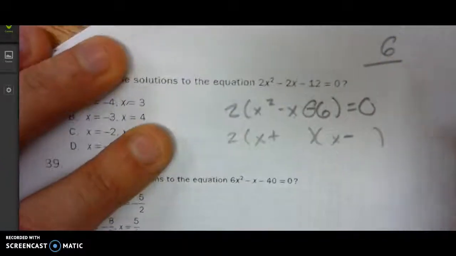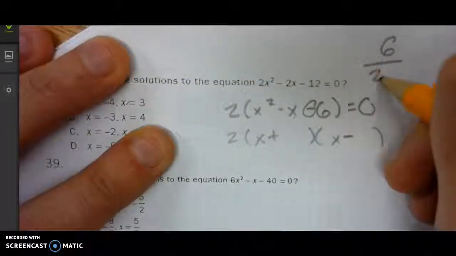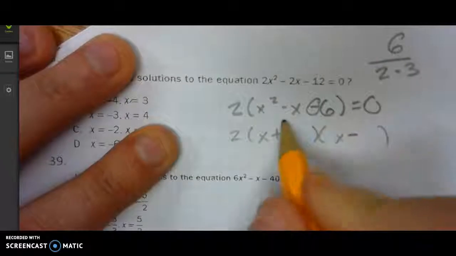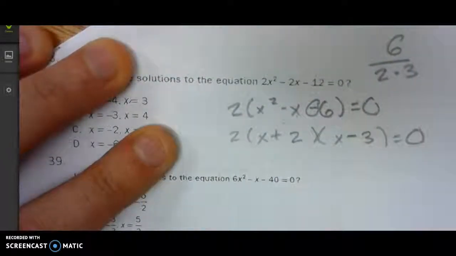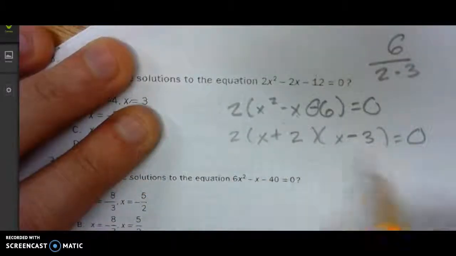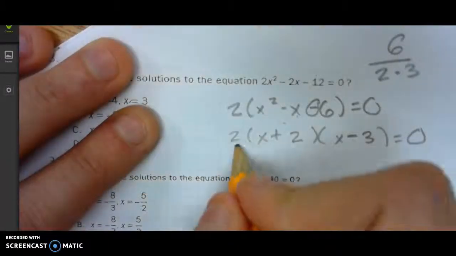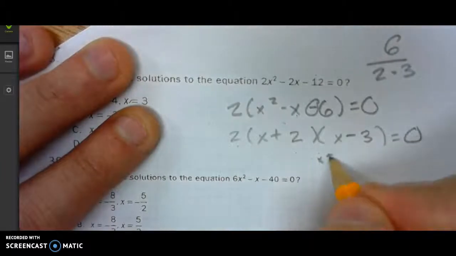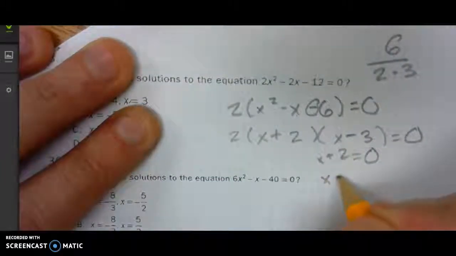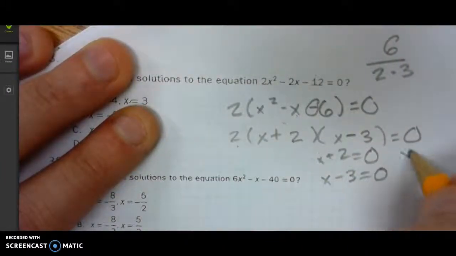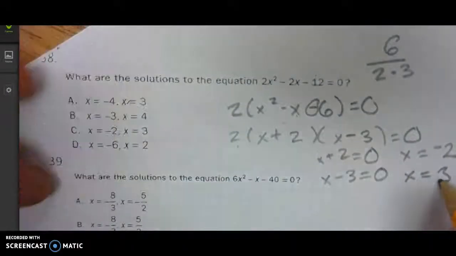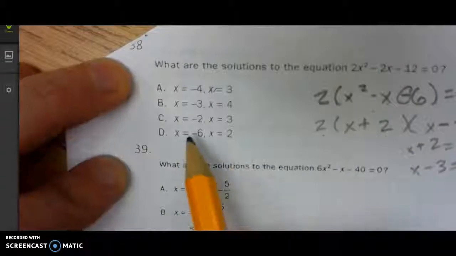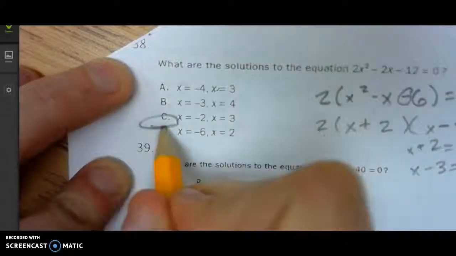Factors of 6 that will subtract to be 1 are 2 and 3. 3 is bigger because it's negative. So I'm going to set each of these equal to 0. x plus 2 equals 0, x minus 3 equals 0, so x is negative 2 or positive 3. So negative 2, positive 3. That is C.